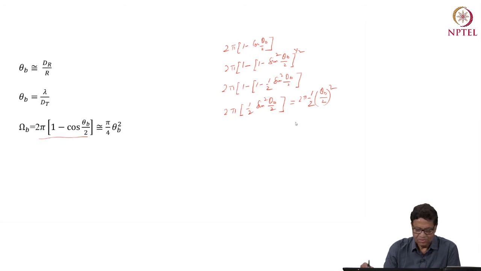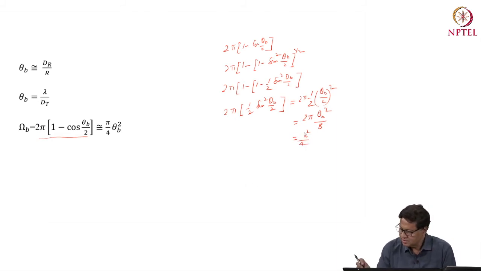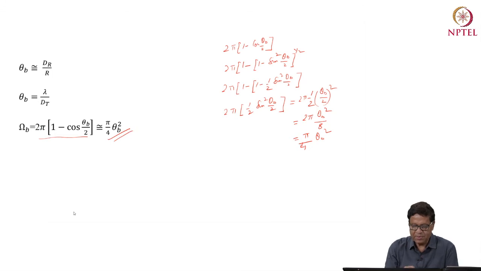So if you do this, what you get is 2 pi into theta b square over 8, which is nothing but theta b square pi divided by 4, pi by 4 theta b square. So let us write it cleanly here. This is pi by 4 theta b square. So this is what I have written here, pi by 4 theta b square.